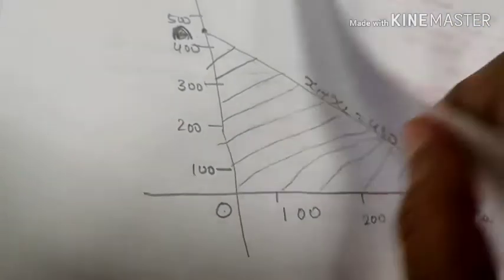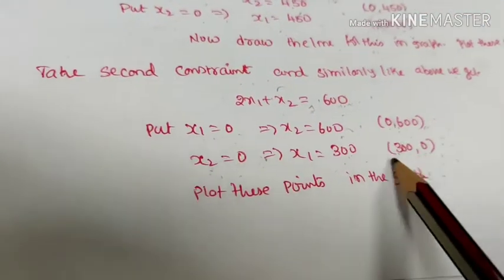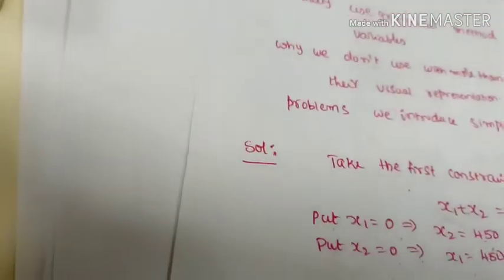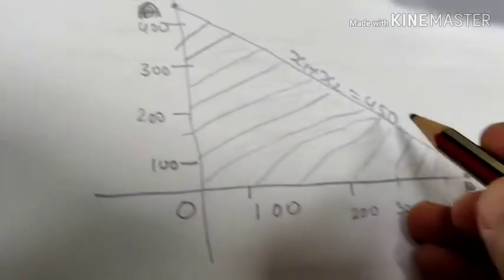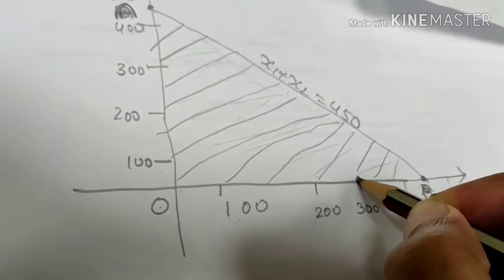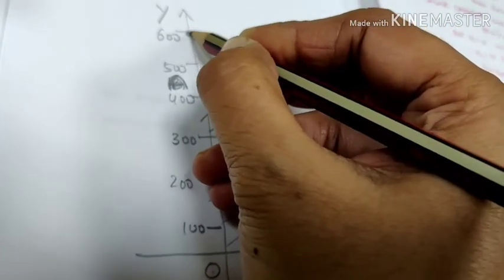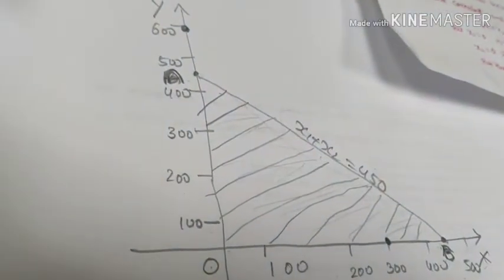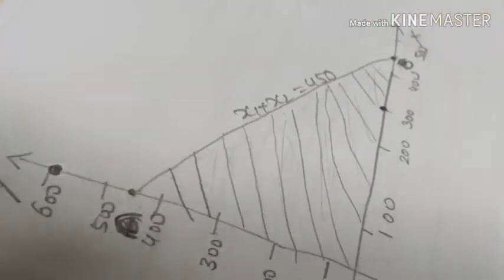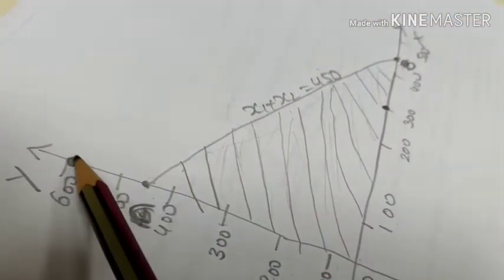Then the second line, see 0, 600, 300, 0. So 300, 0 lies here on the x-axis. And another point is 0, 600. So this lies here. So you can now draw the line for this.